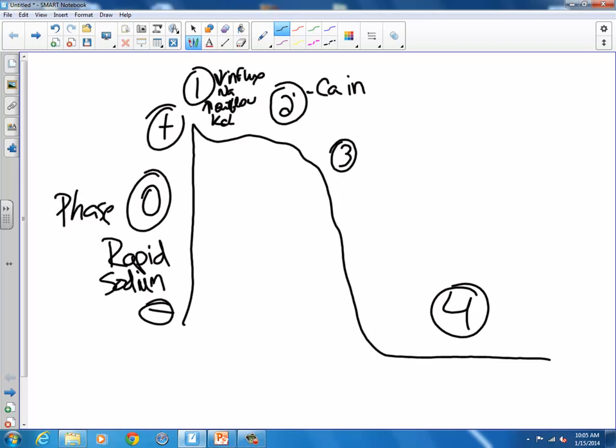You got phase 3. What is phase 3? The terminal phase? And so what's happening in phase 3, as evidenced by the graph? This is where we start. Alright? So during repolarization, what's happening to the inside of the cell?